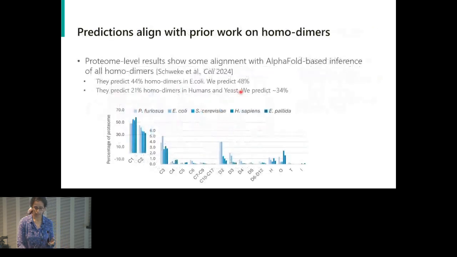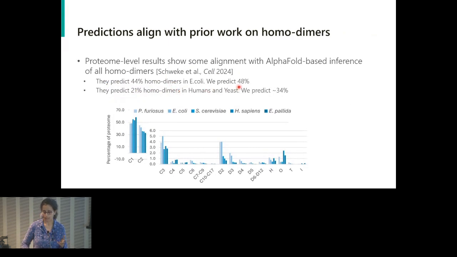We do some qualitative analysis by analyzing the proteome level predictions on 5 different organisms, and we compare our results to prior work which has used AlphaFold 2 based prediction from this paper by Shweke et al. We find that they predict 44% of homodimers in E. coli.